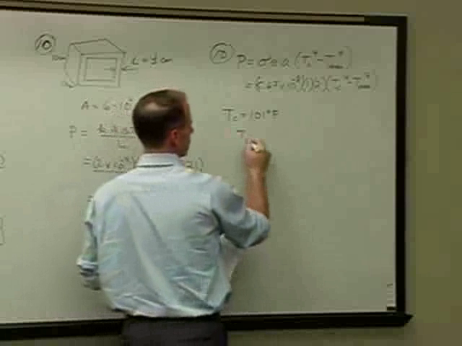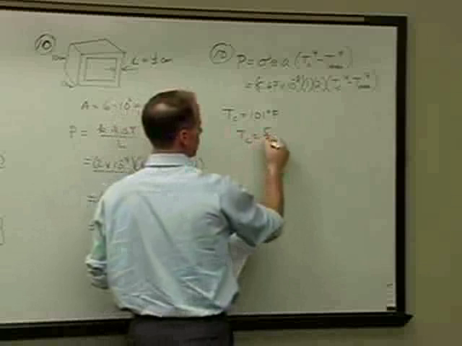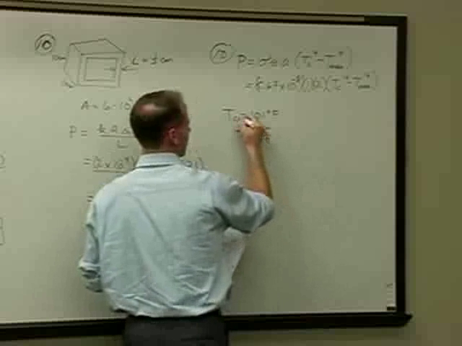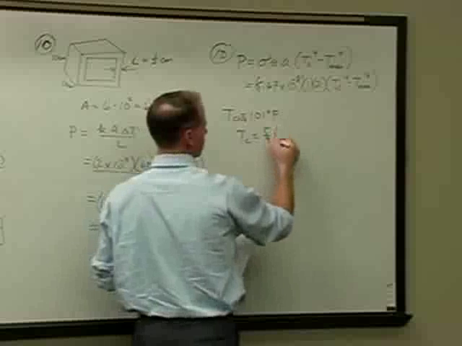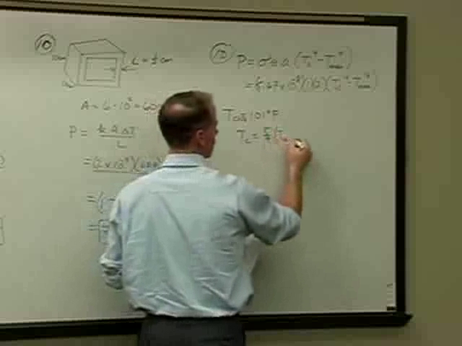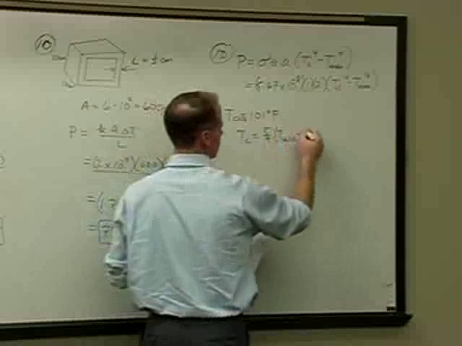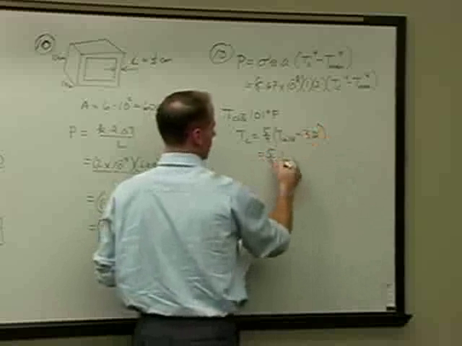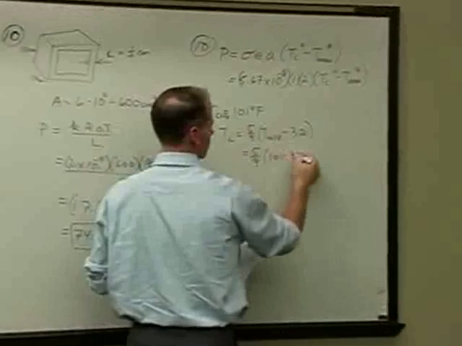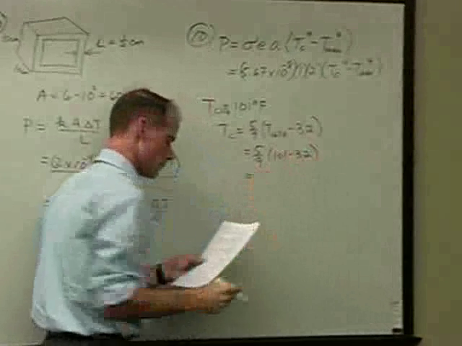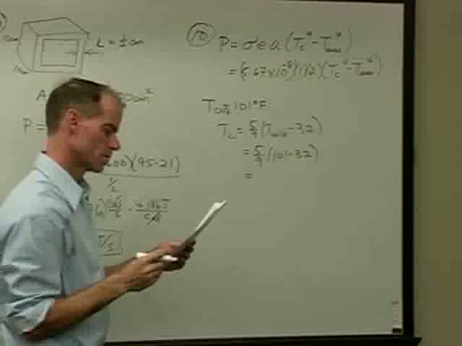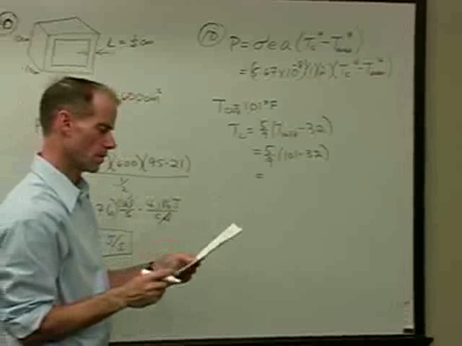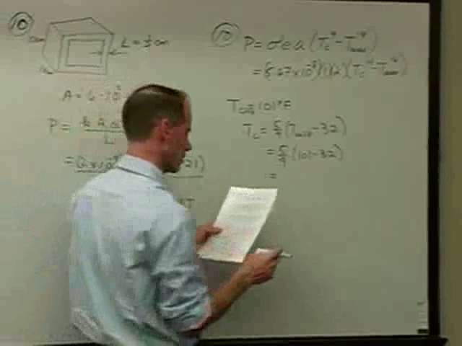So temperature Celsius is 5/9 the temperature of the child in Fahrenheit minus 32. 5/9 times 101 minus 32 gives us 38.3 degrees Celsius.